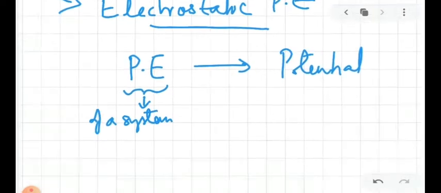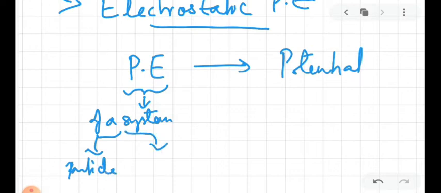A system could be a single particle, or a bunch of particles, a lot of them. So it can be either a single particle or a lot of particles.